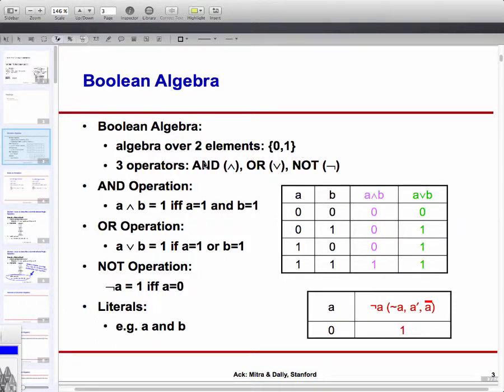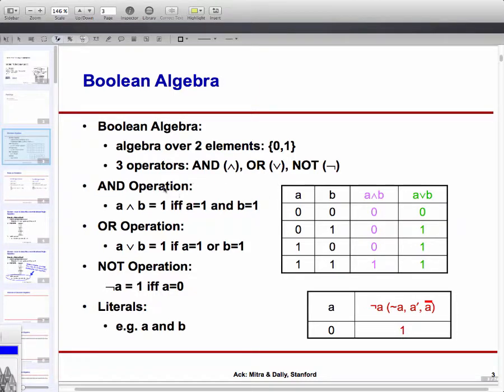There are three operators we define: an AND operator, an OR operator, and a NOT operator. In the parentheses after that, you see the symbols that the textbook is using and that we are using in the lecture. There are alternative symbols that people use. They might be fine in general, but for this course, you're expected to use these particular symbols.